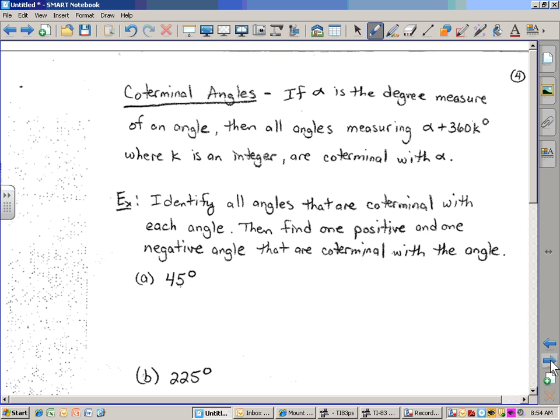See if we can translate that into English. Coterminal means coinciding terminal rays. So if two angles are coterminal, that means they have coinciding terminal rays, which simply means they end at the same point, the same ray.